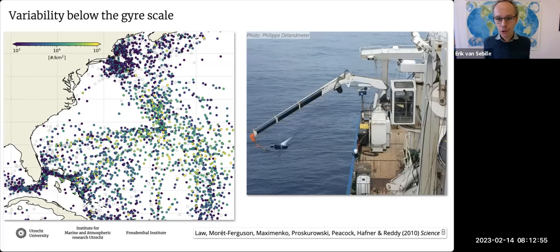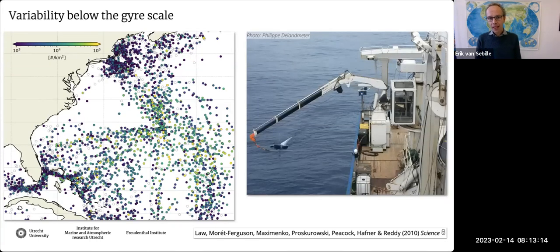And the question then is, of course, why is that? What sets this extremely strong temporal and spatial heterogeneity of the plastic, even in the large scale gyre basins?